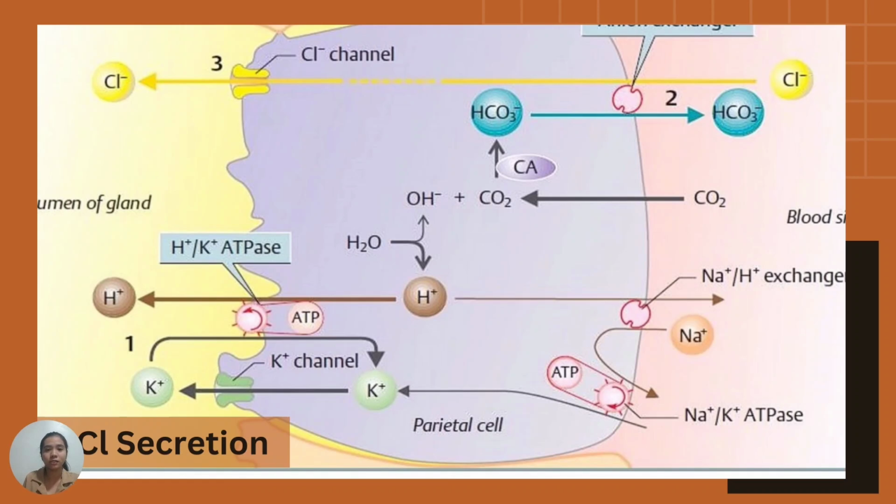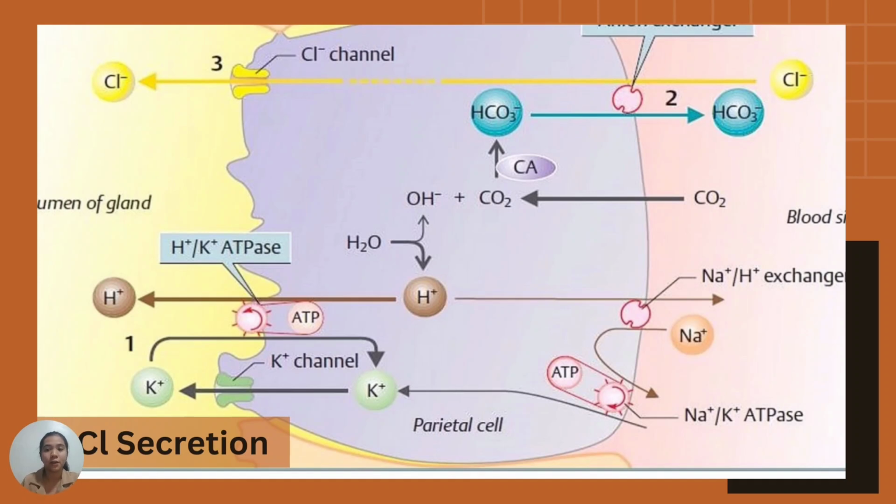As you can see, first, carbon dioxide gas from the bloodstream passes through the parietal cells and reacts with water to form carbonic acid, H2CO3. It dissociates into its ions, becoming a bicarbonate ion, HCO3 negative, and a proton, H positive.